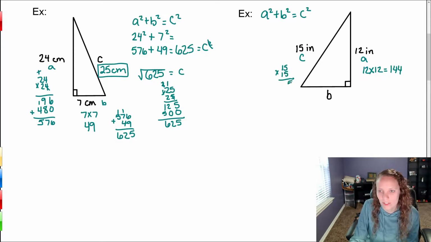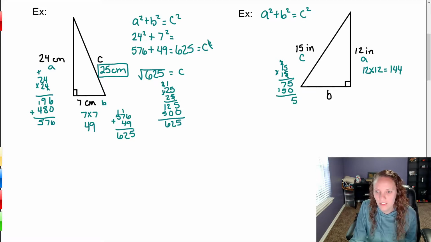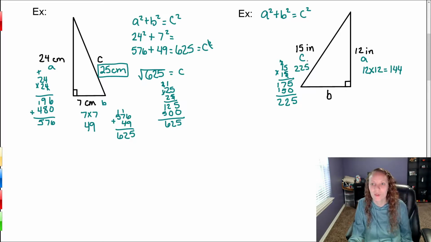5 times 5 is 25. 5 times 1 is 5, plus 2 is 7. Add a 0. 1 times 5 is 5, and then 1 times 1 is 1. And add those together. And we got 225 here for c squared.